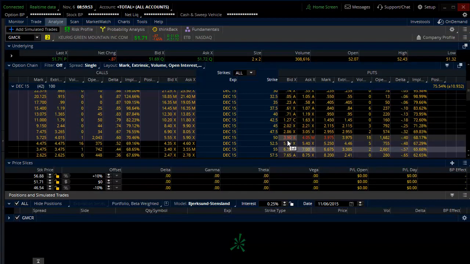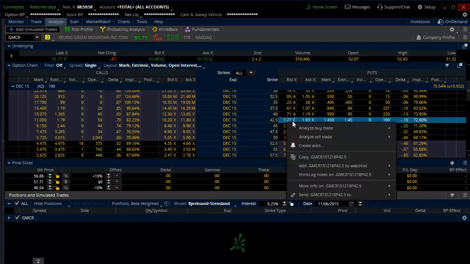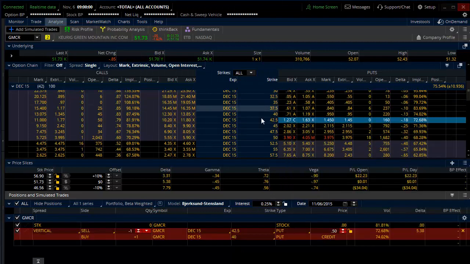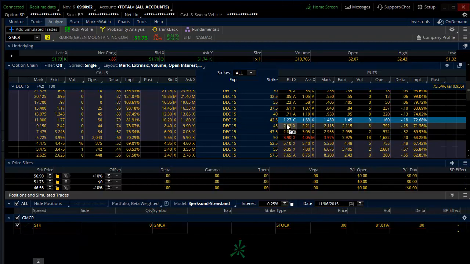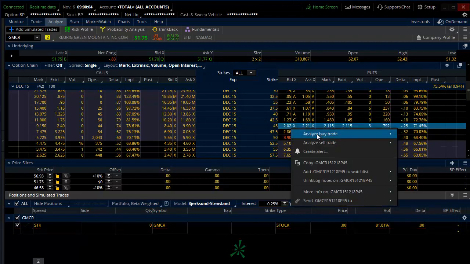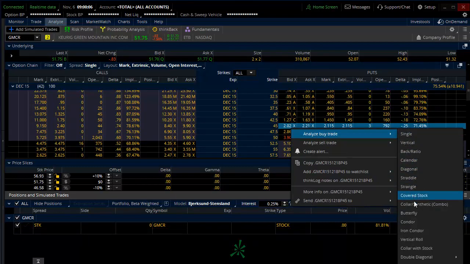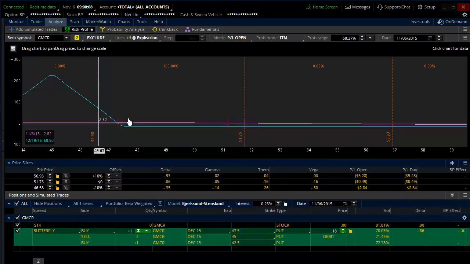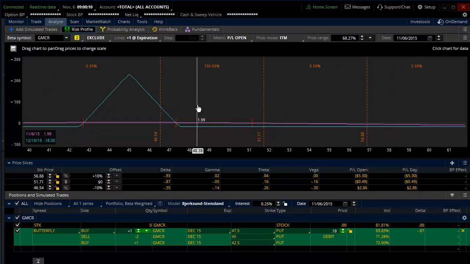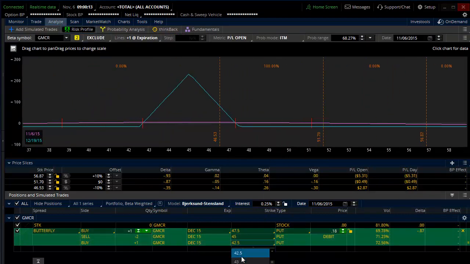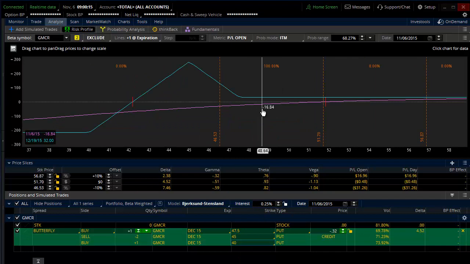this has fairly wide spreads here. Maybe I want to look at something if I sold a vertical here, or again, I'm talking a lot about the butterflies. What if I just constructed, analyzing, buying a butterfly, and it looks something like this? Maybe I want to give myself a little bit of room on the downside.